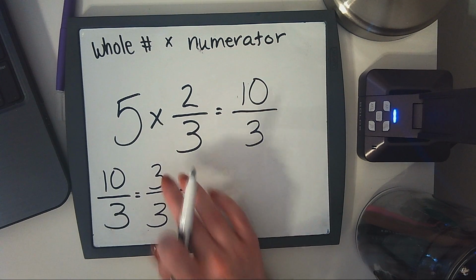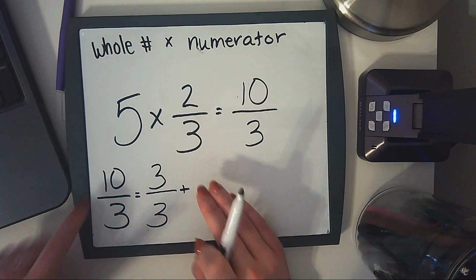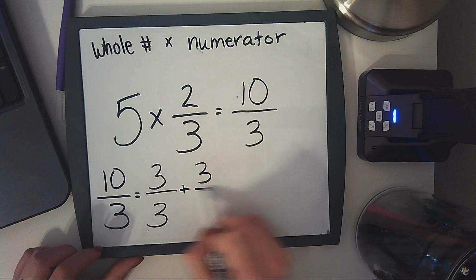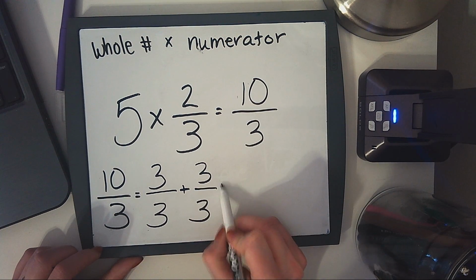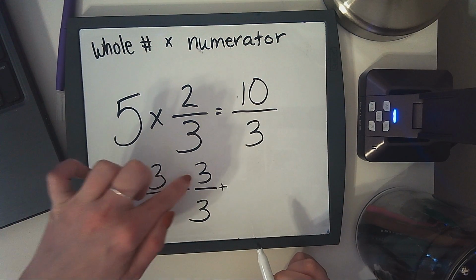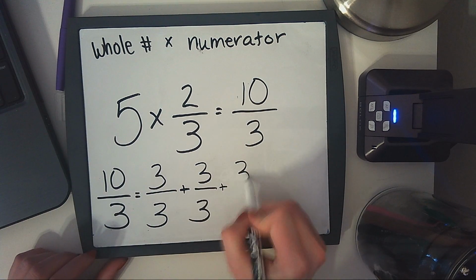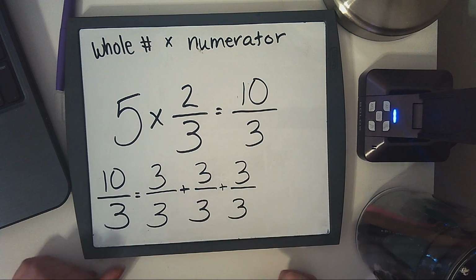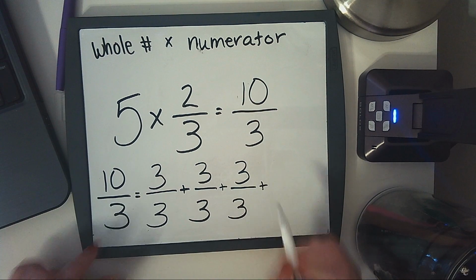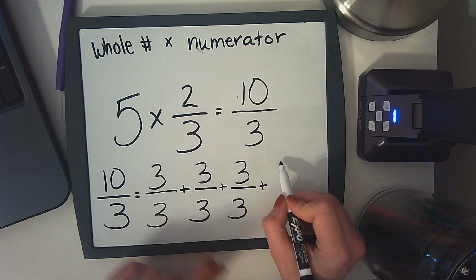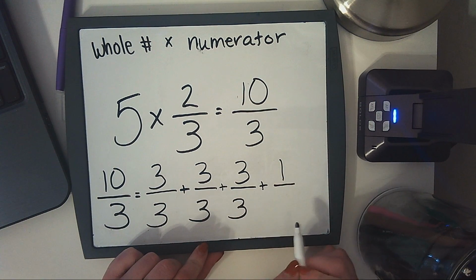So since 3 plus 3 is 6, that's still less than 10, I can have another 1/3. And you use your skip counting here. 3, 6, 9 is still less than 10, so I can have another 1/3. 3, 6, 9 with 1 left over.